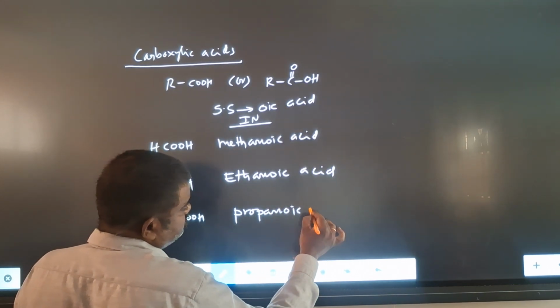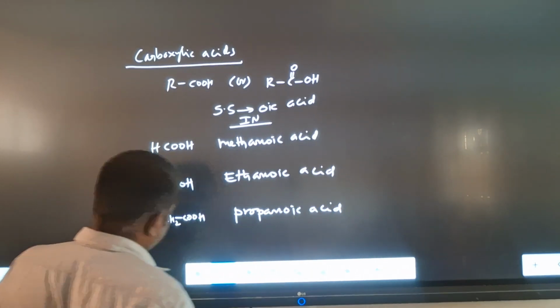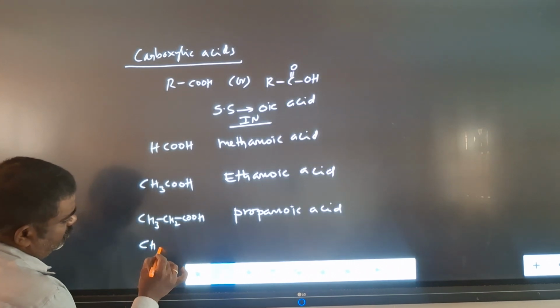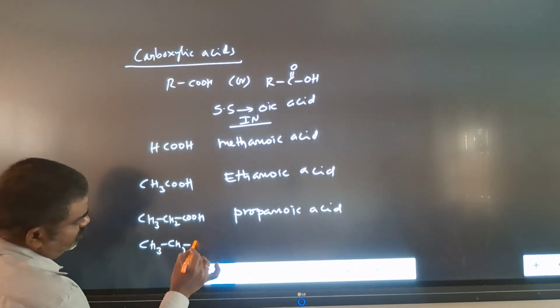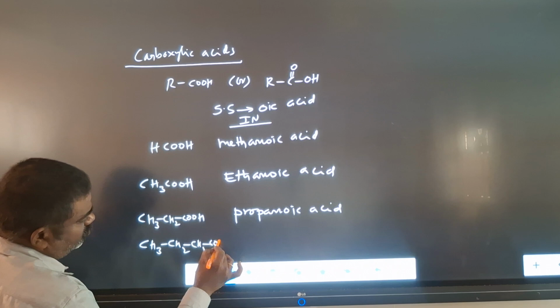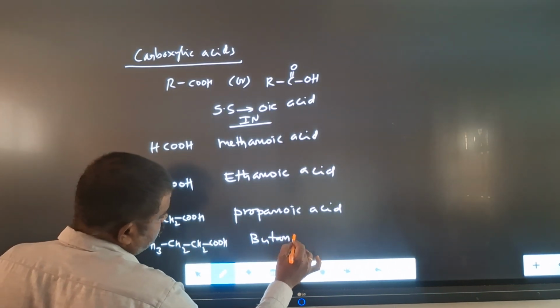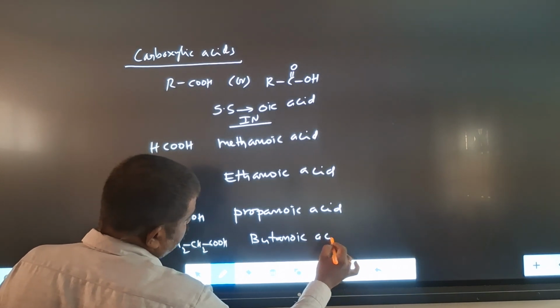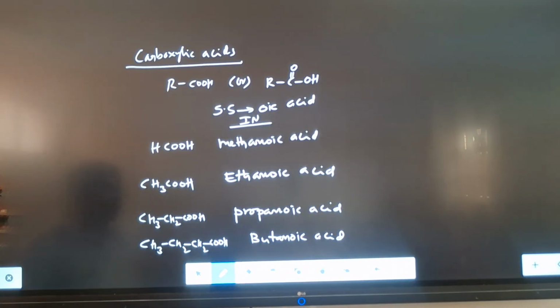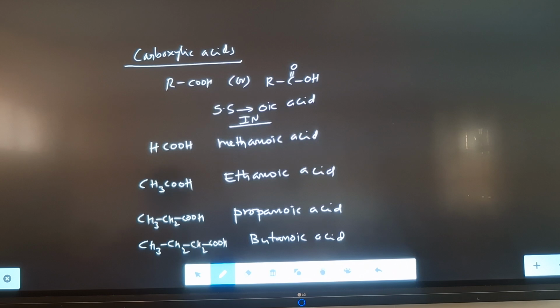And CH3CH2CH2COOH is butanoic acid. Understood?